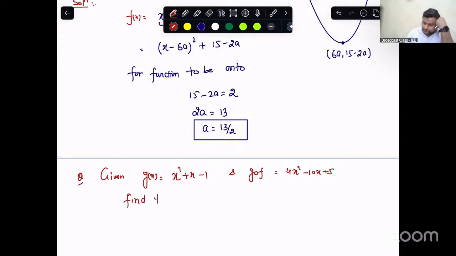Find the value of f of 5 by 4. Yes, quickly.